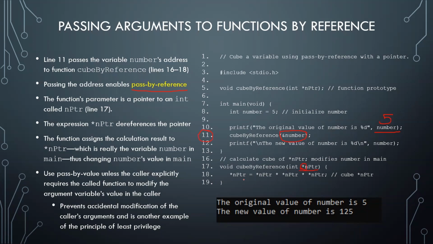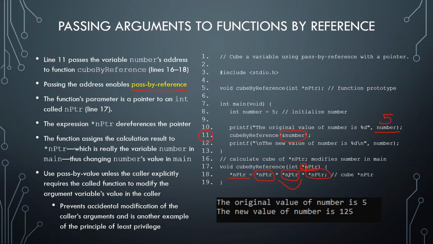When I do the manipulation, there is no more return. I'm not returning anything back because I am manipulating the value of the actual pointer. So in that actual memory location, I want to take the value, multiply it by the value, and then multiply it by the value again. These are the multipliers.